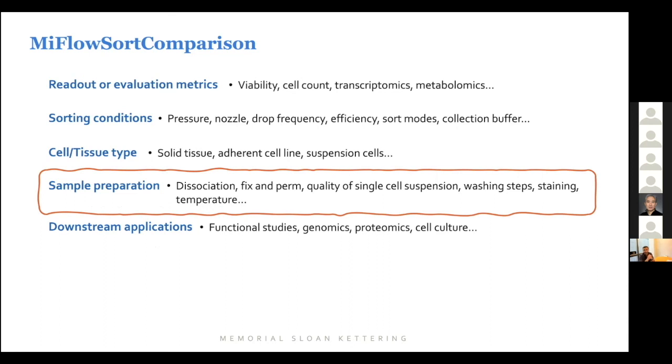I called it MyFlow sort comparison. If we want to start doing these comparisons, we need to have a consensus on what we're measuring and how we're measuring, like what readouts we're using. So we need to specify very well the sorting conditions, the sample preparation, the downstream applications, and especially sample preparation.